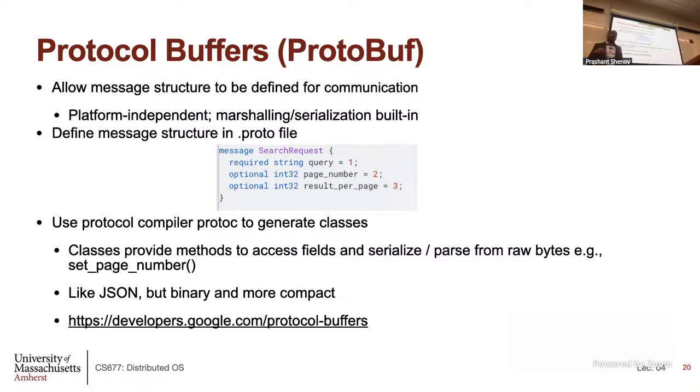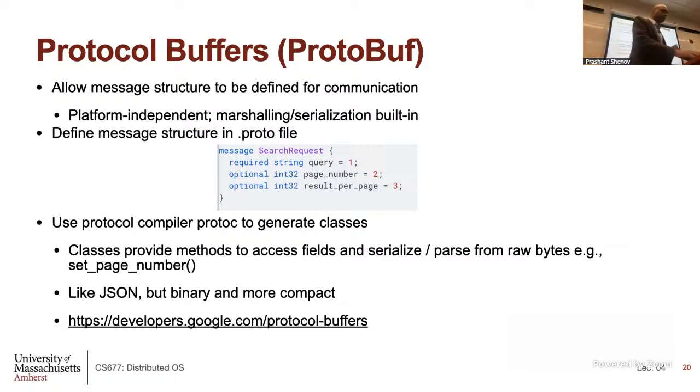Now, what Google did is it built its RPC framework on top of protocol buffers, because marshalling and demarshalling of arguments are automatically taken care of for you by protocol buffers. So why not use protocol buffers as a way to send arguments back and forth for an RPC system? So they use this as the building block for writing the RPC system, the gRPC system.